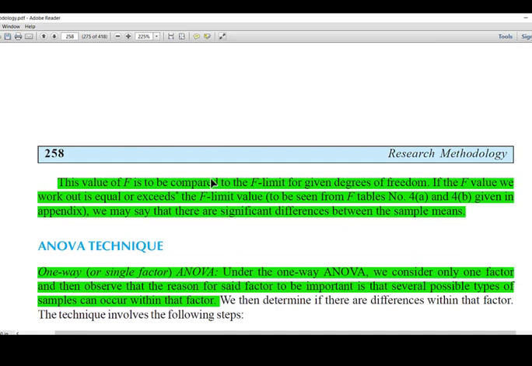And this value of F is to be compared to the F limit for given degrees of freedom. If the F value we work out is equal to or exceeds the F limit value to be seen from F tables, we may say that there are significant differences between the sample means.